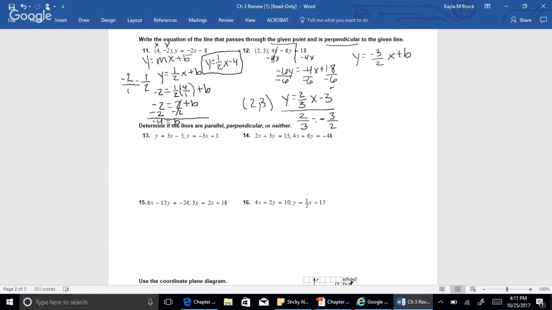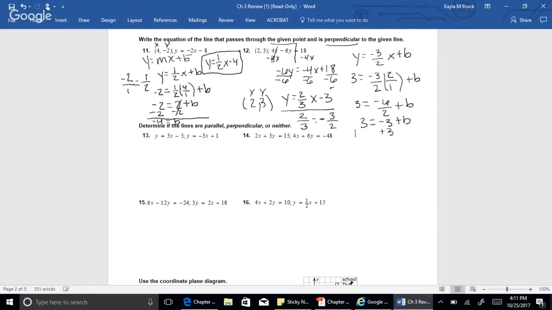Okay, next I have to plug in my x and my y. So I'm going to say 3 equals -3/2 times... 3 equals -6 divided by 2, which is -3, plus b.